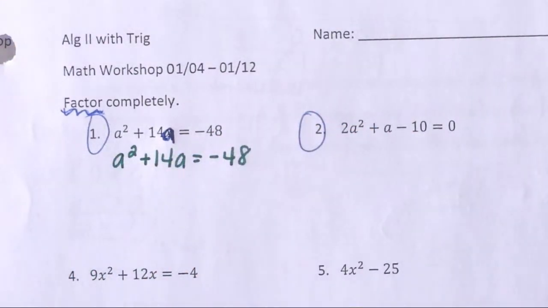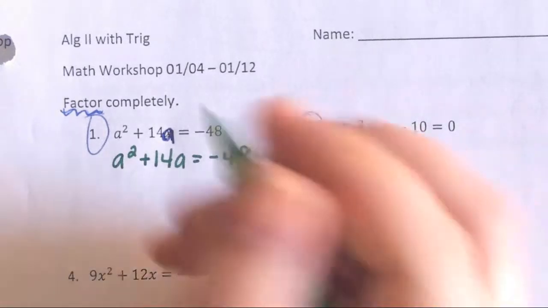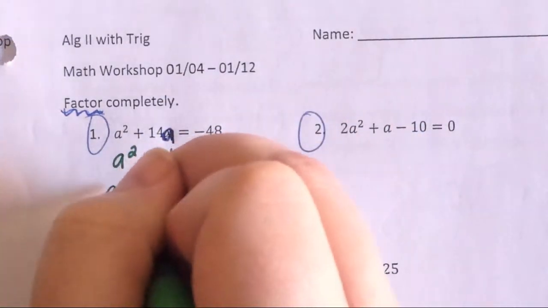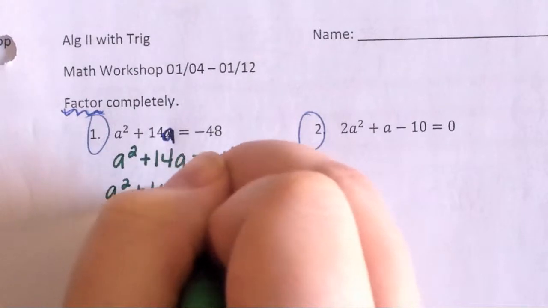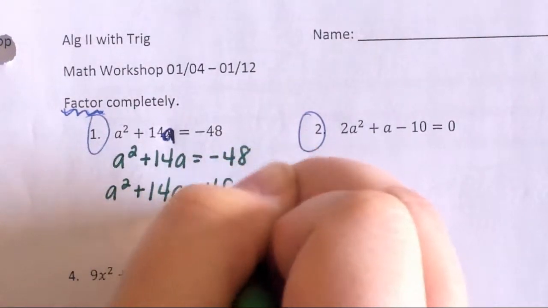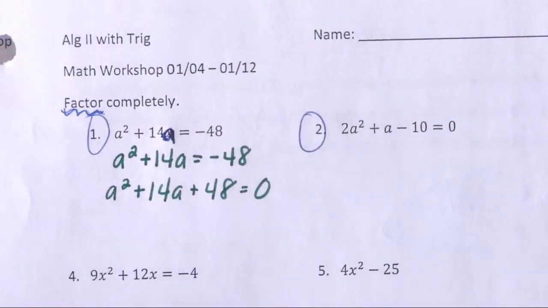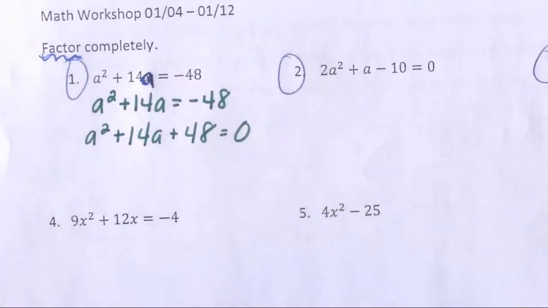I would love to factor this, but I can't yet. What do I need to do first? We have to add 48 to both sides. A squared plus 14A plus 48 equals 0. Why am I excited about this problem?